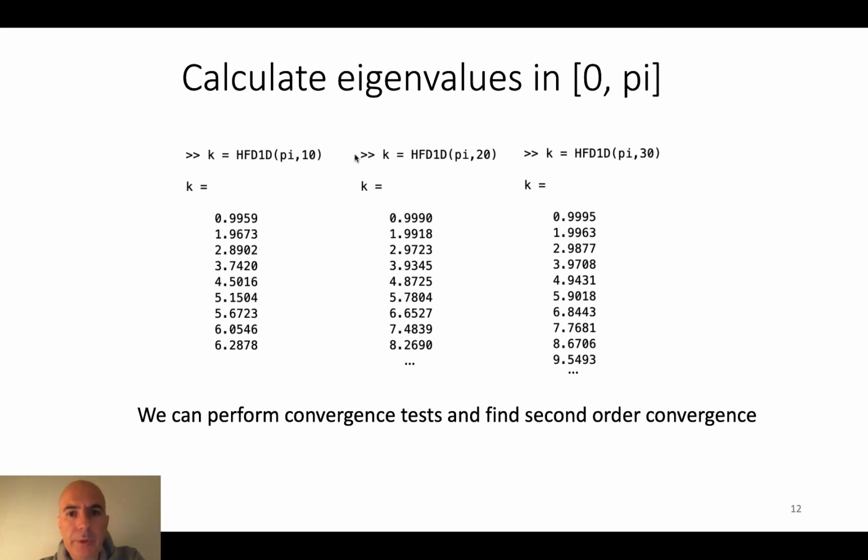So what we can do is increase the number of grid points, and we see that we get a better and better approximation, still with some issues for the larger eigenvalues. So we can increase the number of cells to increase the accuracy of our eigenvalue calculation. We can perform a convergence test, and we will find that the convergence is also second order accurate.